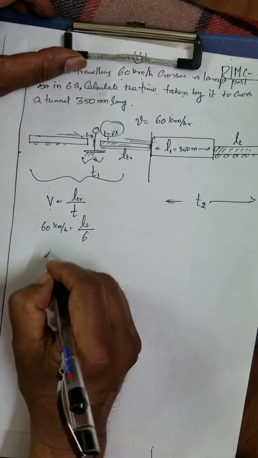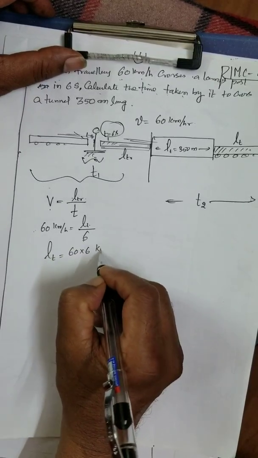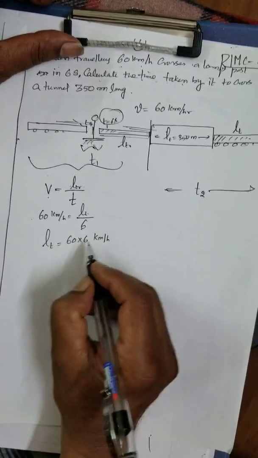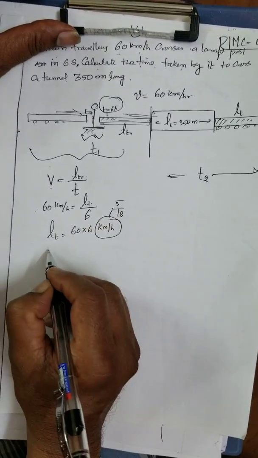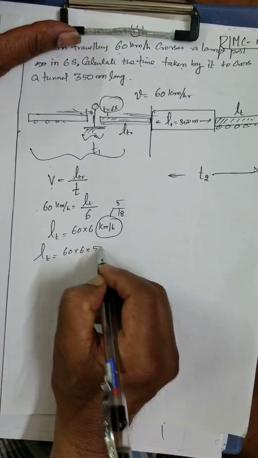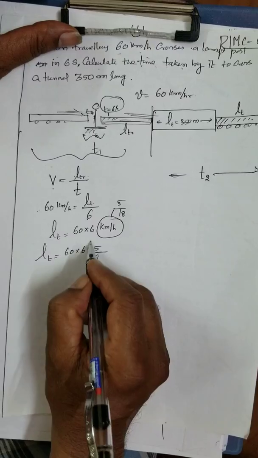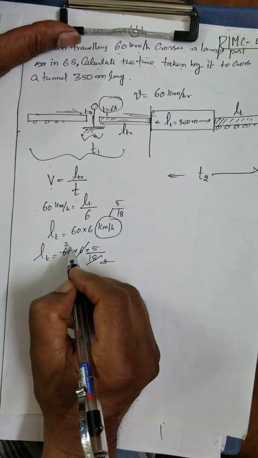Now cross multiply. Length of the train is equal to 60 into 6 km per hour. You know the conversion factor, 5 by 18. The length of the train is equal to 60 into 6 into 5 by 18. 3 times, this is 2 times.